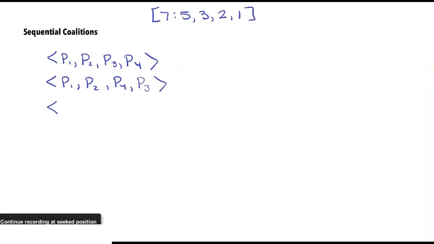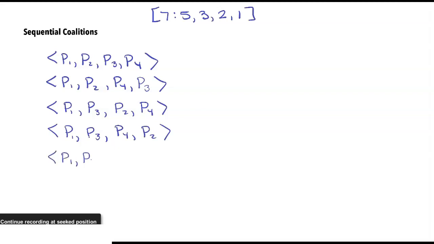We could also have the order of player 1, player 3, player 2, and finally player 4. Or player 1, player 3, player 4, and finally player 2. I'll fill out the rest of them here.